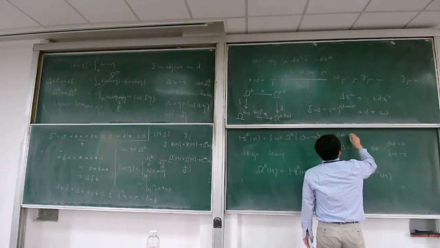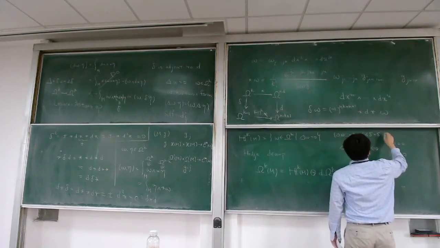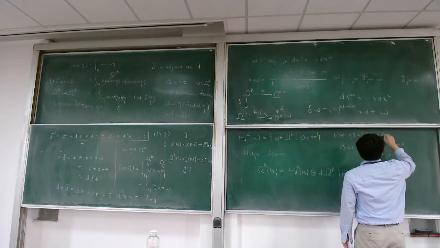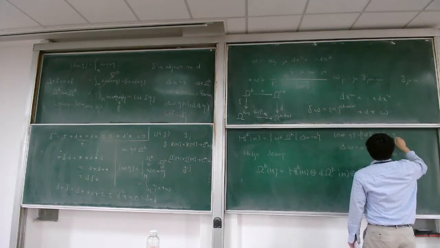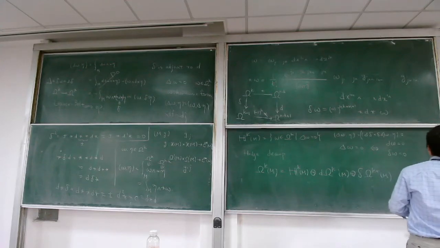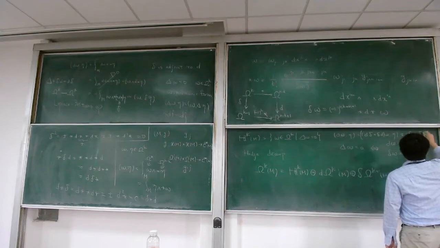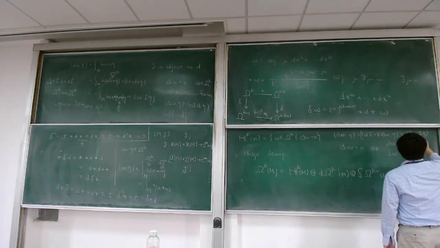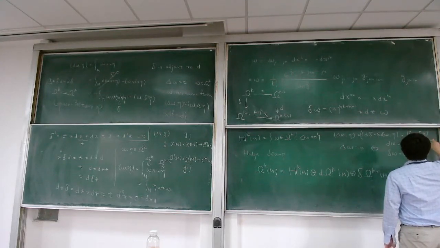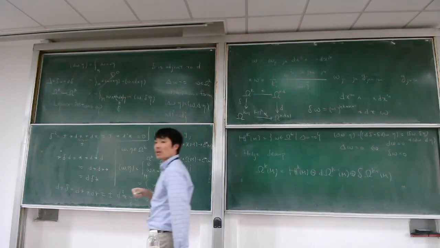let's see, delta omega eta is equal to d delta d omega eta. Therefore, it can be decomposed as delta omega delta eta plus d omega d eta. Okay? You understand?